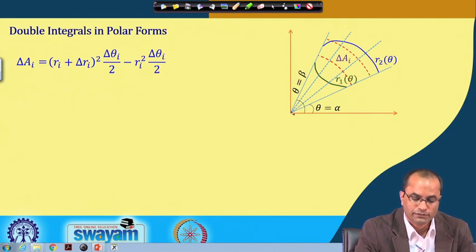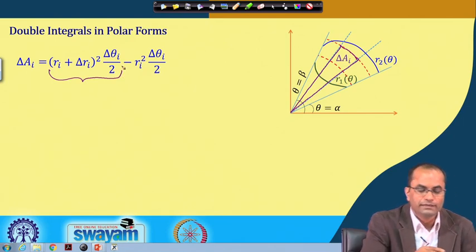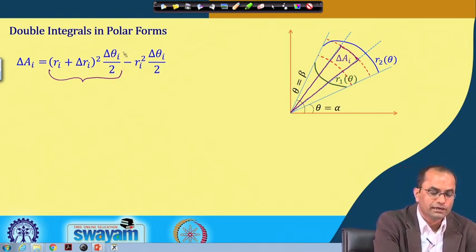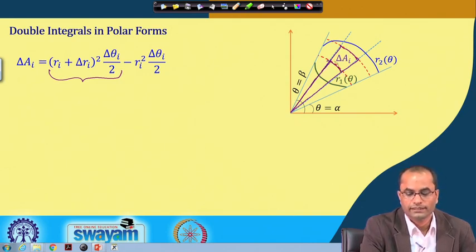So, we have the area given by r I plus delta r I squared, because that is the radius, and the angle is delta theta I, divided by 2, and minus we subtract the inner area to get delta A I.